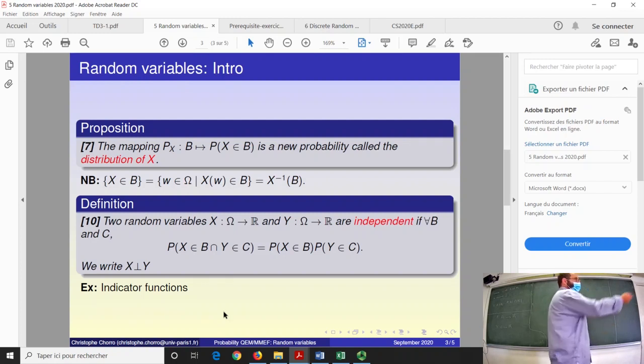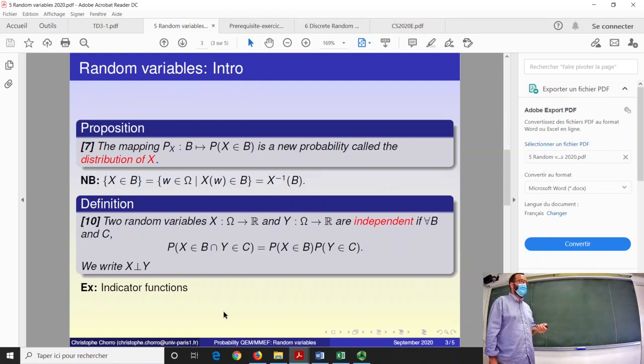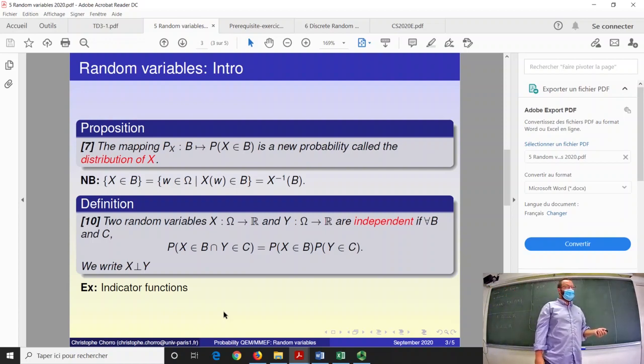Okay? So in other words, if I want to rephrase this definition using the definition of independence between sets, I can say the following. The notation of independence will be this one, as in the case of sets, the orthogonality symbol, the one I introduced at the end of the definition.